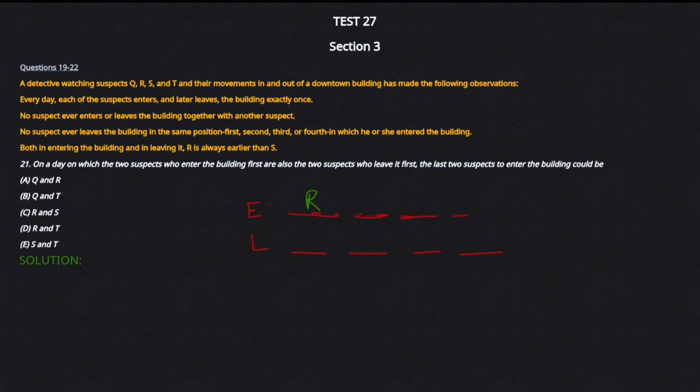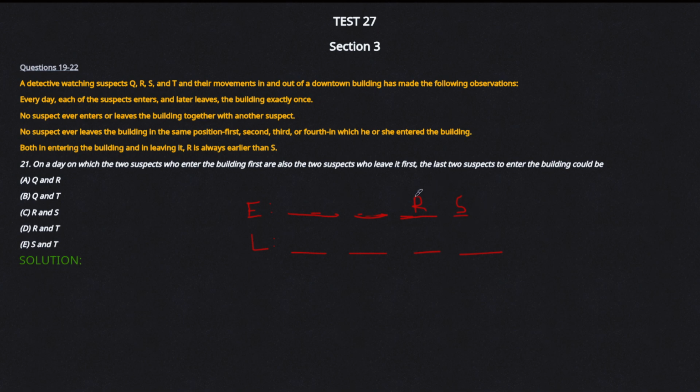Now, another thing that we need to keep in mind is R and S cannot be the last two either. Let's just say I've put R here and S here, and then for the first two, they will interchange their position because they'll be the first two to enter, and they'll be the first two to leave. So, for the last two, it's going to be the same.